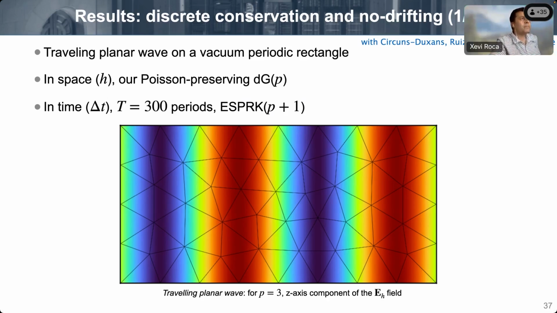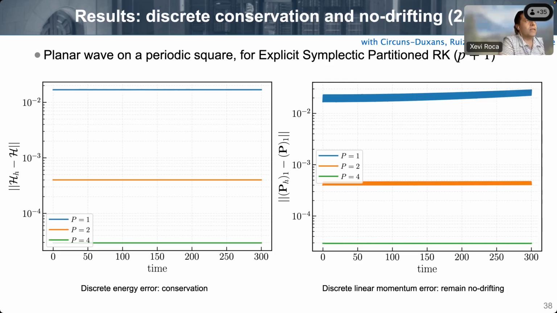Next slide. What you get is an analysis of the discrete energy error and the discrete linear momentum error. These are results that Martí got a long time ago. On the left-hand side, on the x-axis, you have the time.